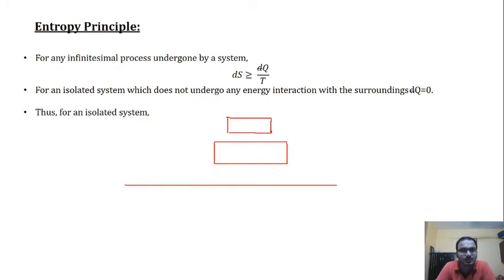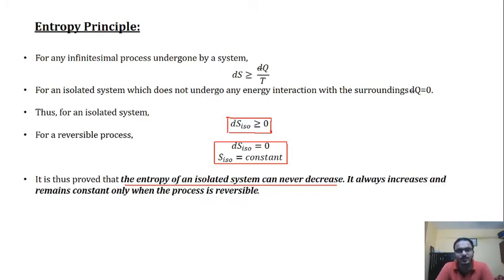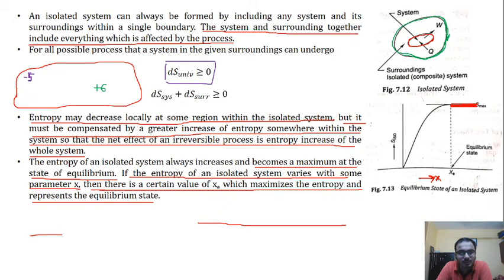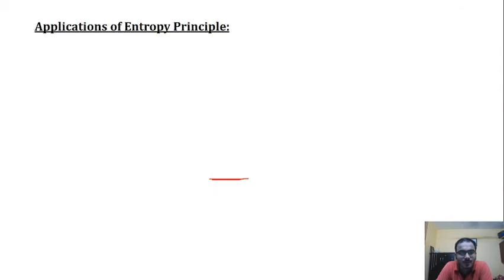In our last lecture, we began with the entropy principle, that the entropy of an isolated system can never decrease, it always increases, or it can remain constant when the process is reversible. Then there are a few applications of the entropy principle.